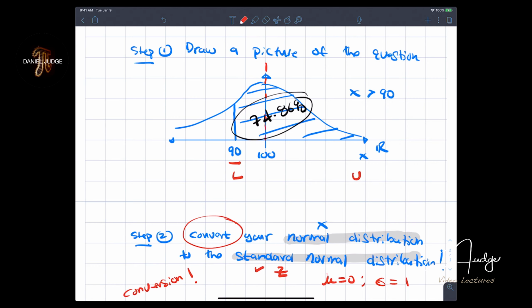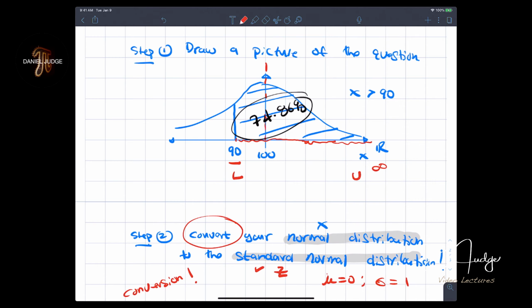If X goes from 90 all the way to what? To infinity and beyond. So the lower bound value is 90. You see this? And then we go all the way to what again? To infinity and beyond. So I need to have a big value for the upper value, because this goes all the way to being more than 90, to infinity and beyond. Keeps going larger, larger, and larger.